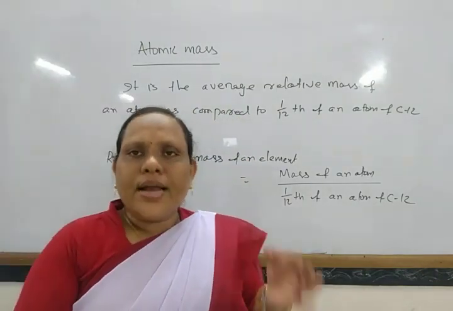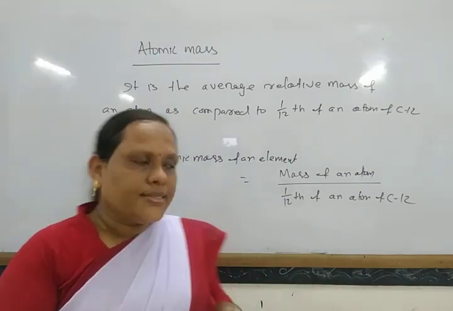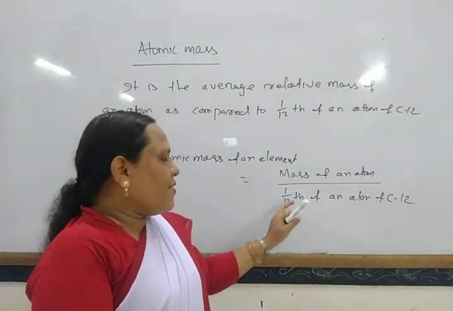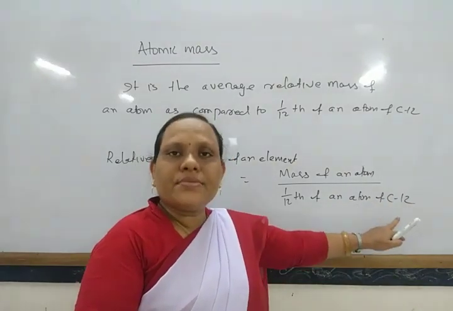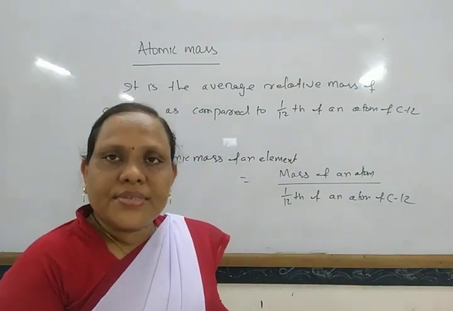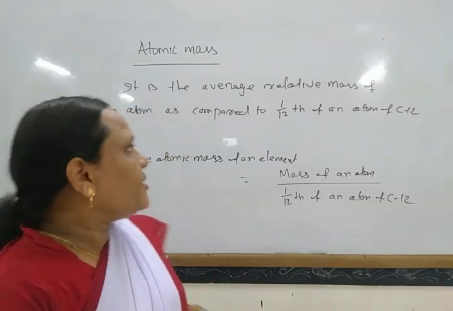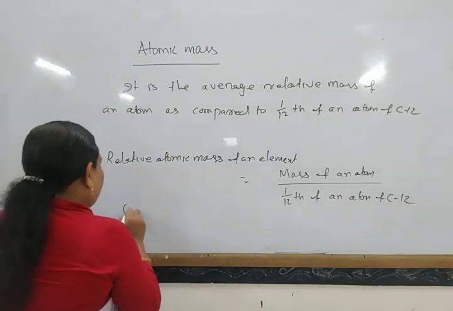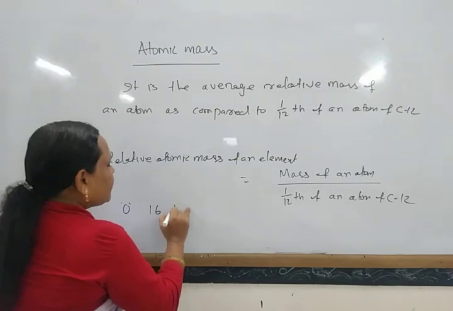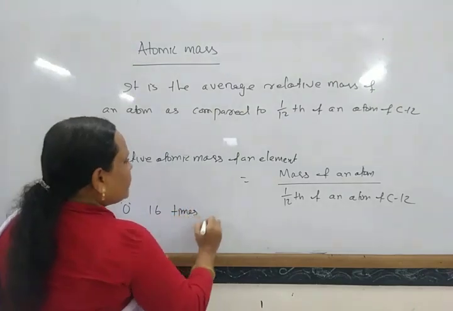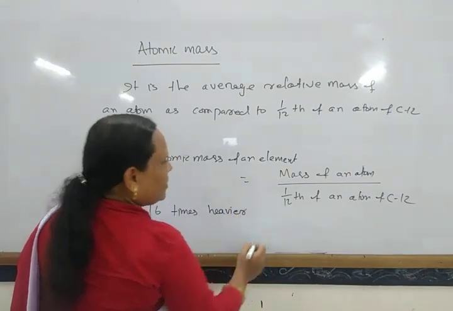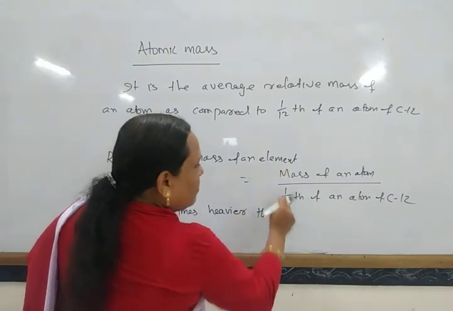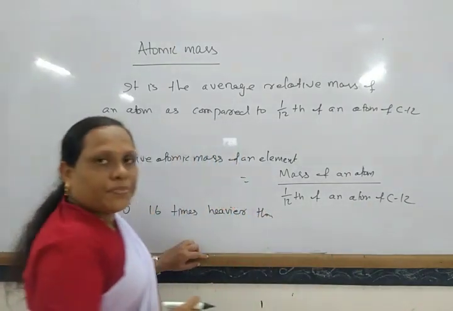One atom of hydrogen is 1 times heavier than 1/12 of an atom of carbon 12. That's why the atomic mass of hydrogen is taken as 1. Similarly, one atom of oxygen is 16 times heavier than 1/12 of an atom of carbon 12.